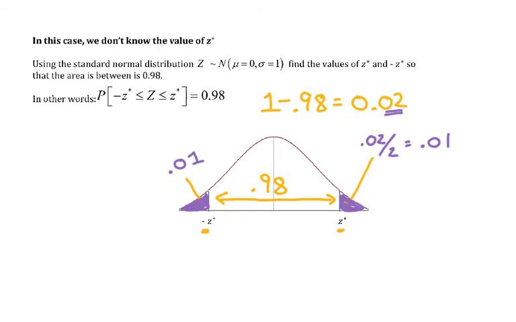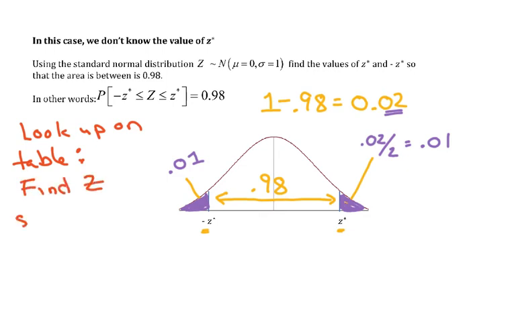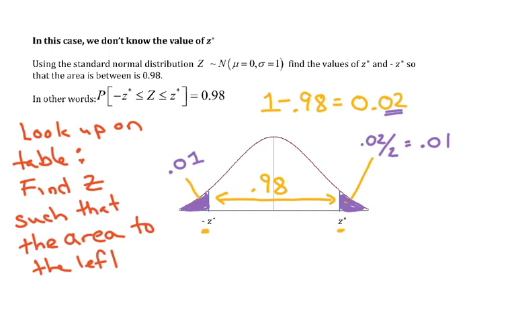Now, why did I do that? Well, because I want to look up on the table and we want to find z such that the area to the left is what?